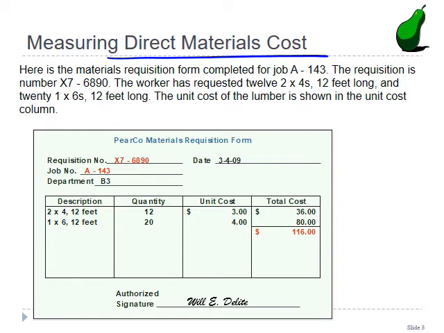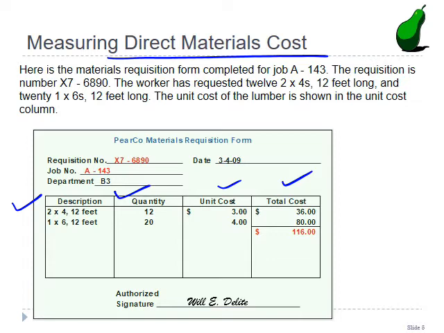So, measuring direct material costs. Once a sales order has been received and a production order issued, the production department prepares a material requisition form to specify the type, quantity, and total cost of material. Right? Description, quantity, and you can see the cost and total cost of the material as well. We are continuing the same Piersco example.